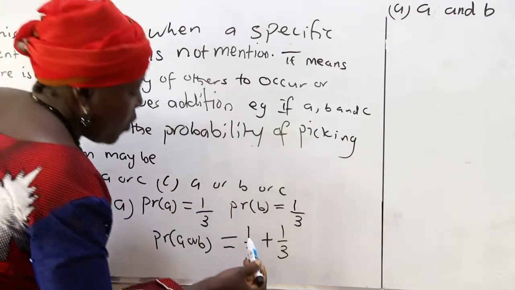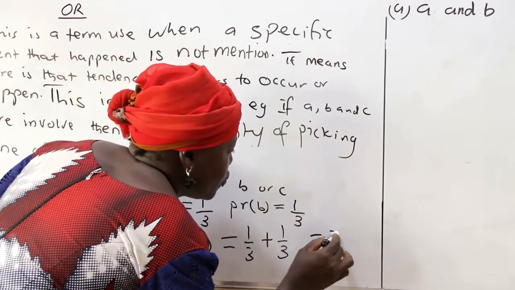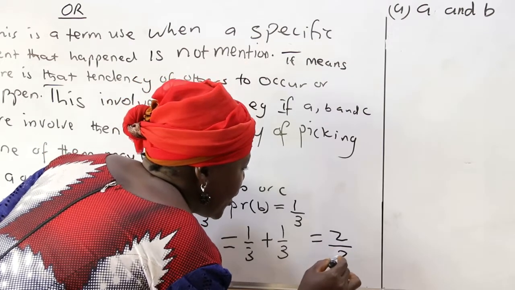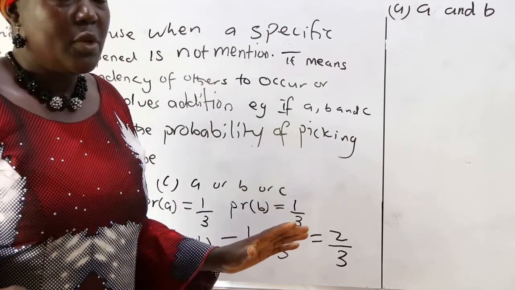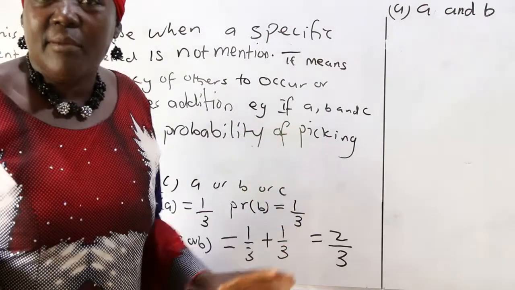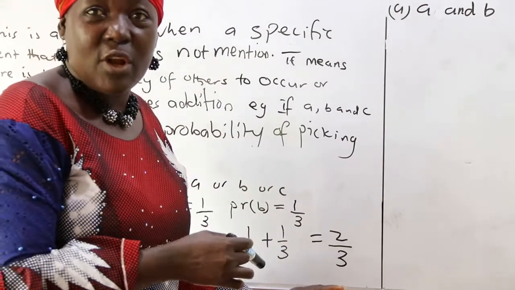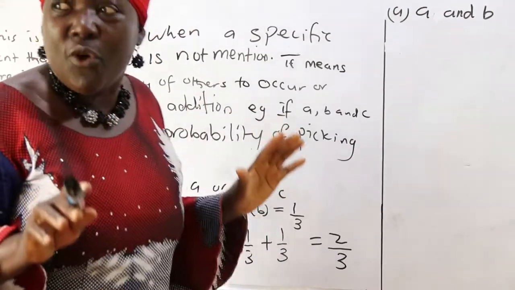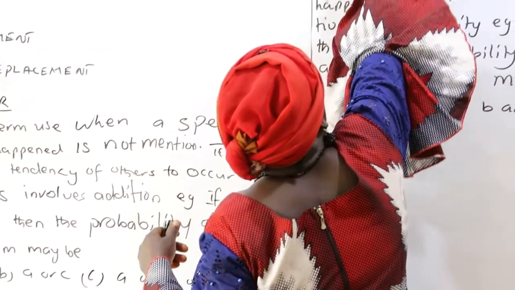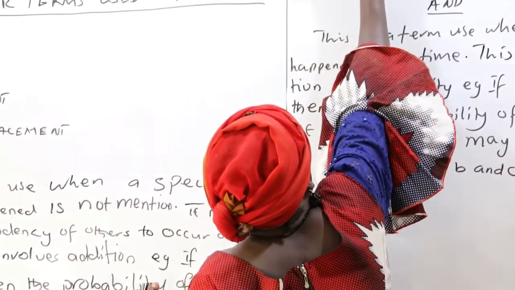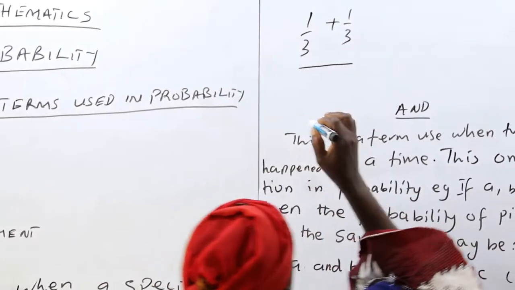So we have 1 plus 1, which gives 2 over 3, because they have the same denominator. But you can go for the LCM method. Let's recall it for this one, but we will not do it for other ones. If you have 1/3 plus 1/3, your LCM now.